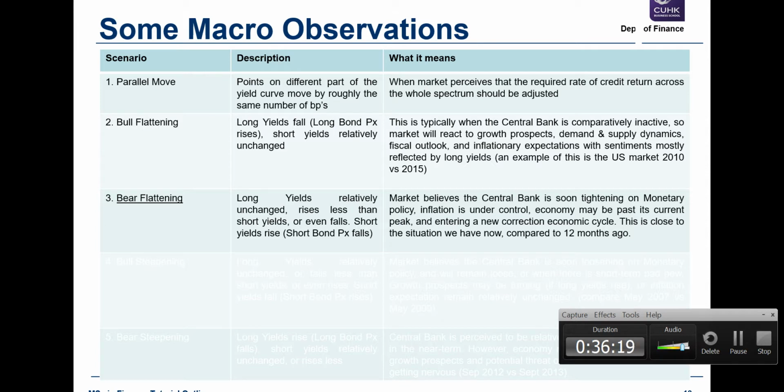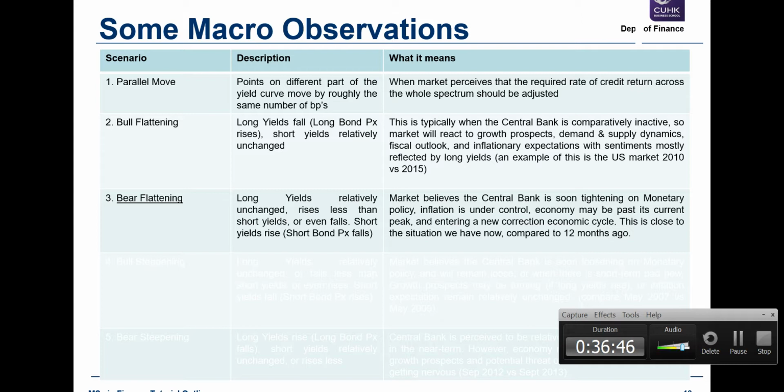Bear flattening is when the long yields are not moving much, or if they are rising less than the short-term yields. So the short-term yields are rising more. You can just imagine in your mind you've got a curve, so only two things are moving, the long end and the short end.